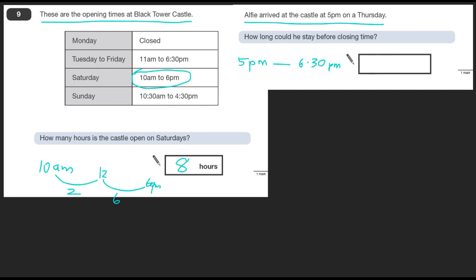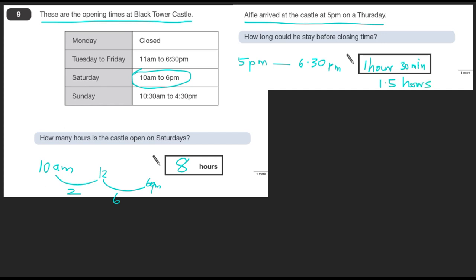So 1 hour and 30 minutes. You can say 1 hour 30 minutes, or you can put it as 1.5 hours, but don't put 1.3 hours, right? So 1.5 hours is also a correct answer.